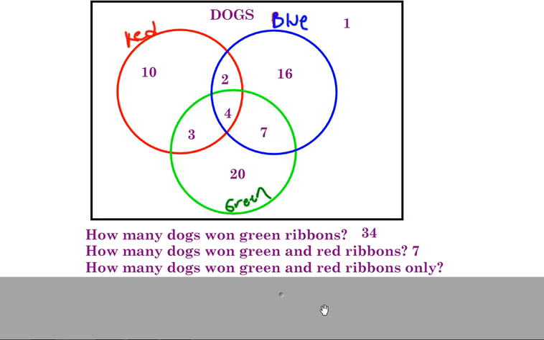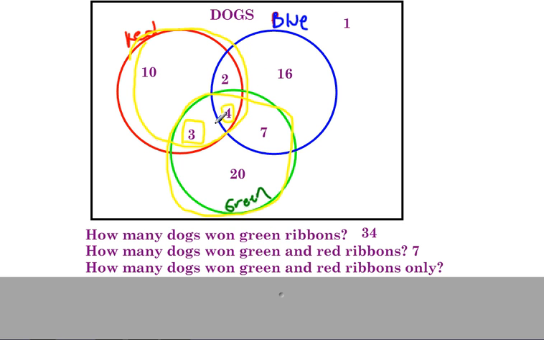Okay, the next question, we're going to get a little bit more specific here. How many dogs won green and red ribbons only? If it says only green and red, that means we cannot count any time that there's blue involved. So let's look back at our circles. Here is our green circle. Here is our red circle. Green and red would be here, this 3, and green and red would be here, this 4.